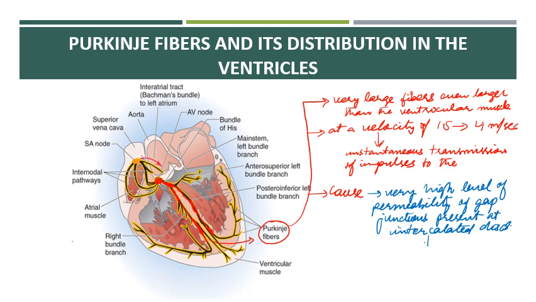Therefore, due to this high permeability, ions flow easily from one cell to the next, thus enhancing the velocity of transmission through the Purkinje fibers.